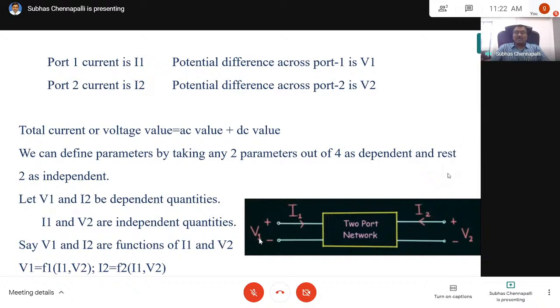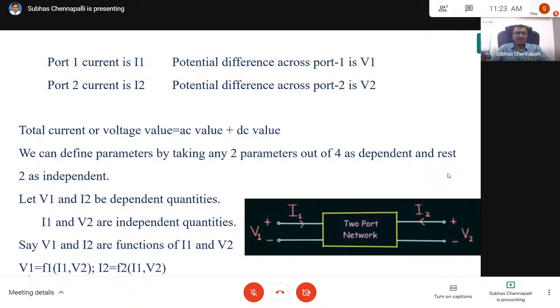Out of the 4 parameters V1, I1, I2, V2, we take 2 parameters as dependent and 2 as independent. The independent parameters I will take as input current and output voltage, that is I1 and V2, and V1 and I2 I will take as the dependent variables.